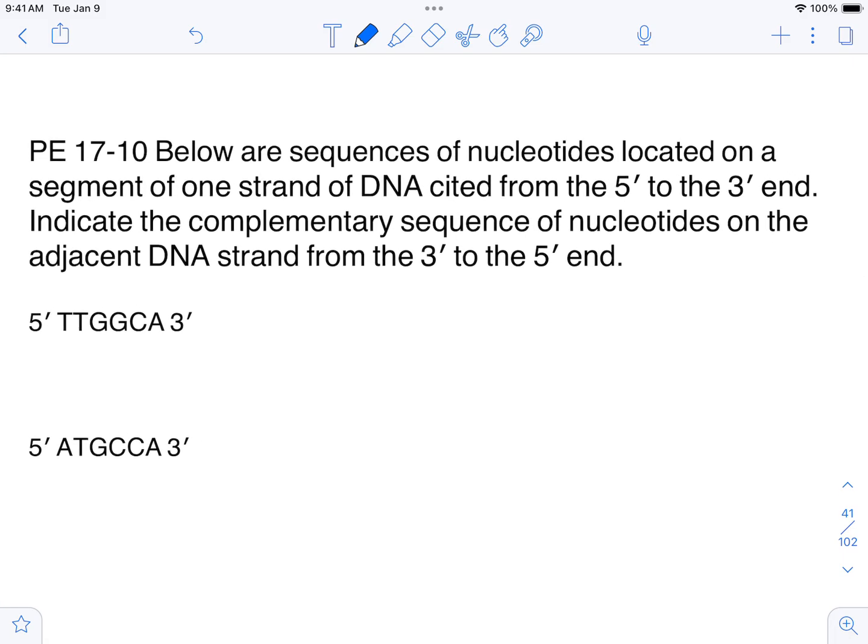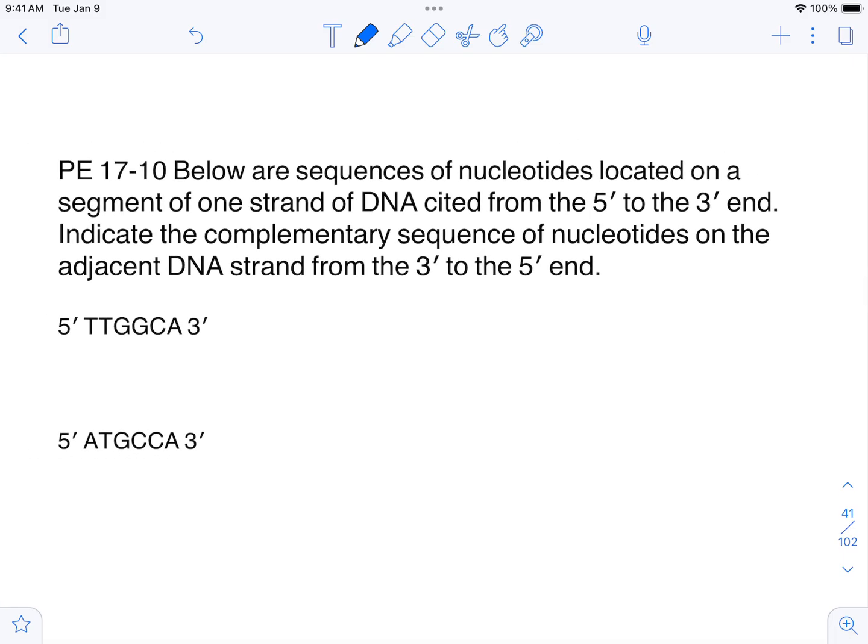It says below are sequences of nucleotides located on a segment of one strand of DNA, written from the 5' to the 3' end. Indicate the complementary sequence, or the base pair, of nucleotides on the adjacent DNA strand from 3' to 5'. So remember, A and T go together, and G and C go together.